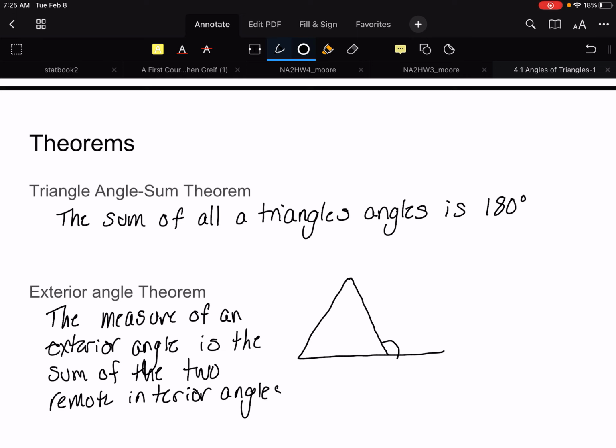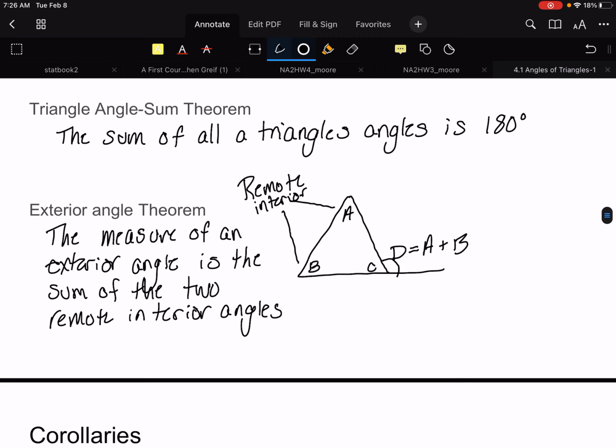So if I labeled these A, B, C, call this one D, our remote interior angles are the ones not adjacent, so these ones are the remote interior. So that would mean that this exterior angle is those two added together. That's all that means.